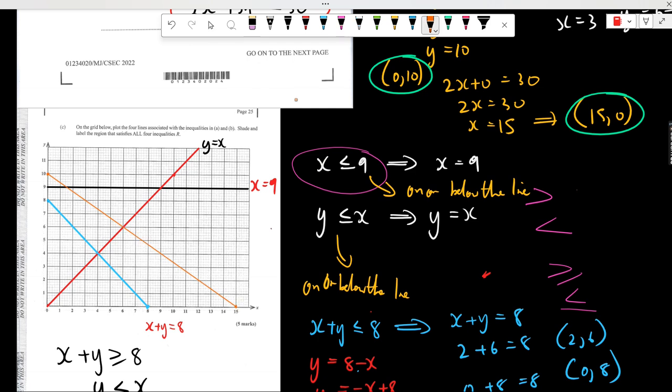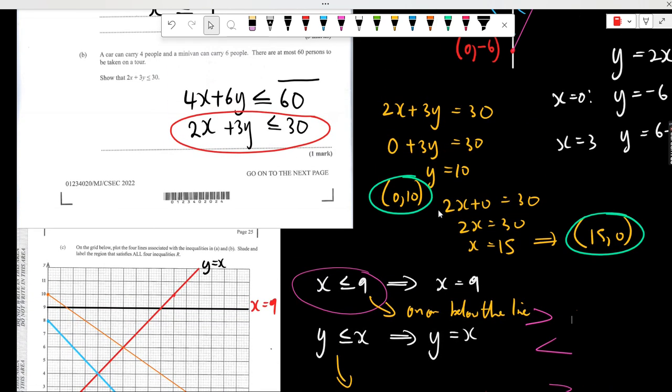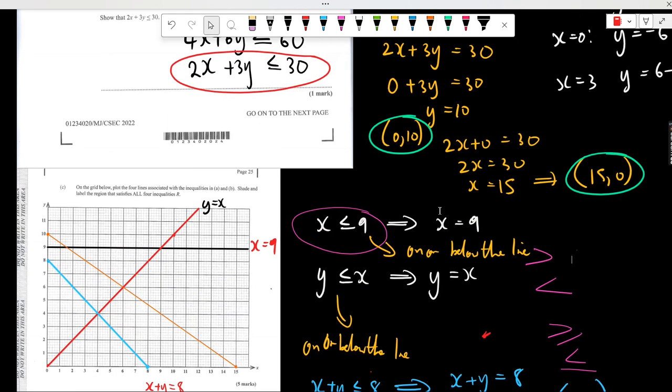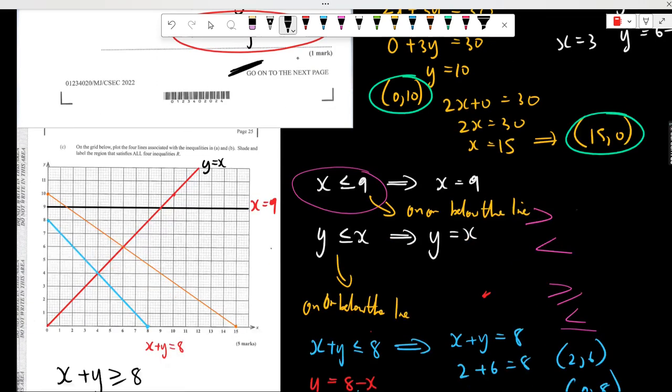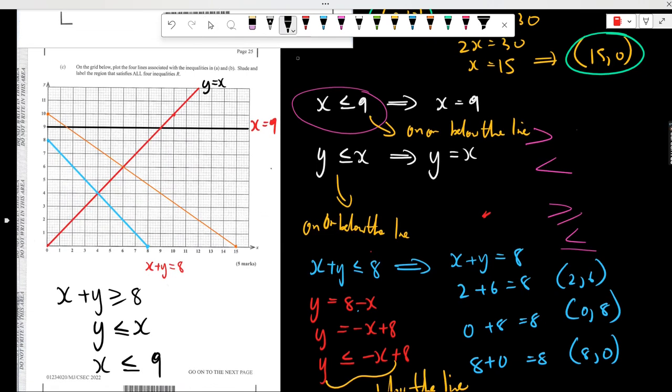Right? So I have my 4 lines, and now I must identify the region that satisfies all 4 inequalities. If you go back here, the inequality we're dealing with is 2x plus 3y is less than or equal to 30. So this line represents 2x plus 3y equals 30.